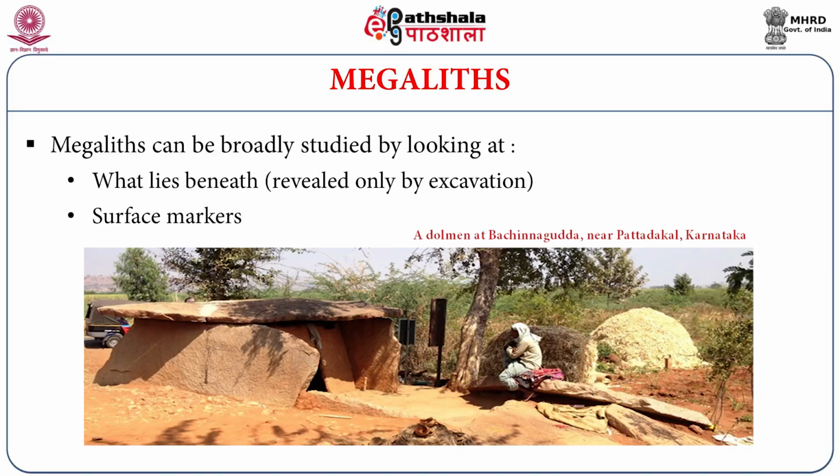Therefore, we have to correctly describe a burial as a cairn circle with urn burial, cairn circle with sarcophagus, cairn circle with cist burial. Sometimes cairn circles also have one tall stone as a menhir. Therefore, we need to carefully describe the megalithic burial types. They are not as simple as they look on the surface.